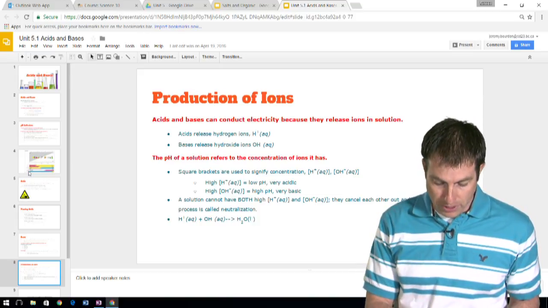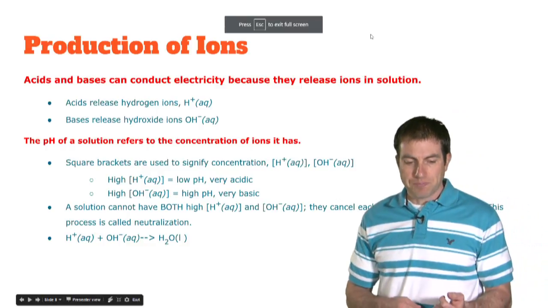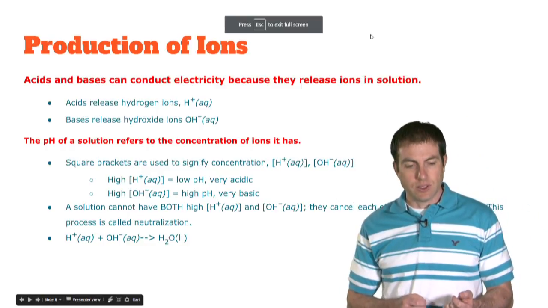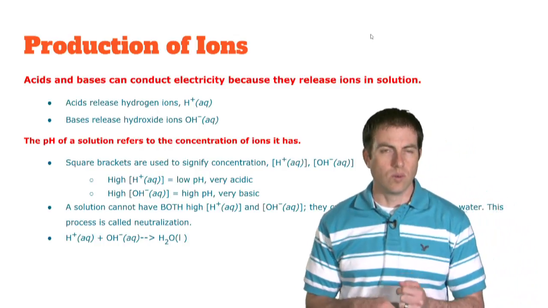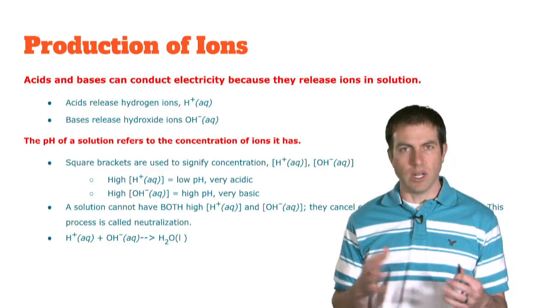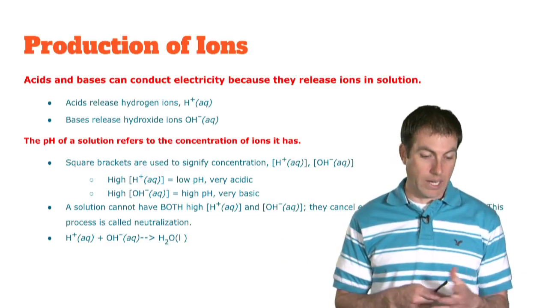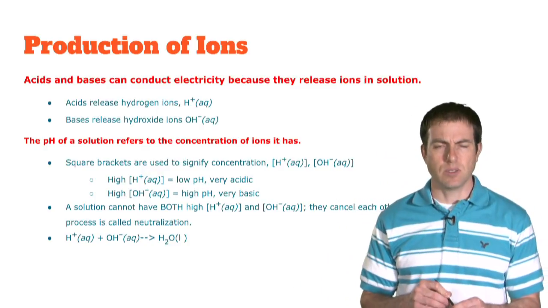So this is the production of ions. Right from the notes, acids release hydrogen ions because that's what defines an acid. So I mentioned last day, anytime you put an ionic compound, sodium chloride, whatever, any ionic compound, acids and bases included, although they're not ionic. I suppose they are ionic.